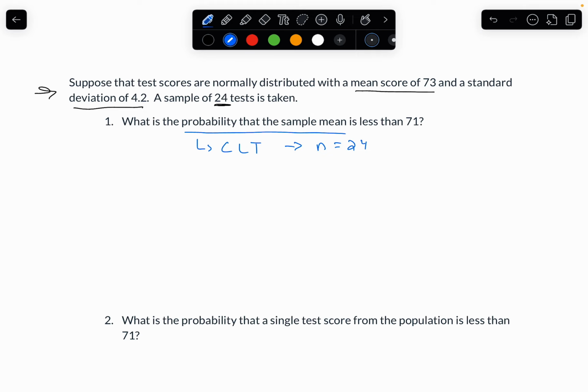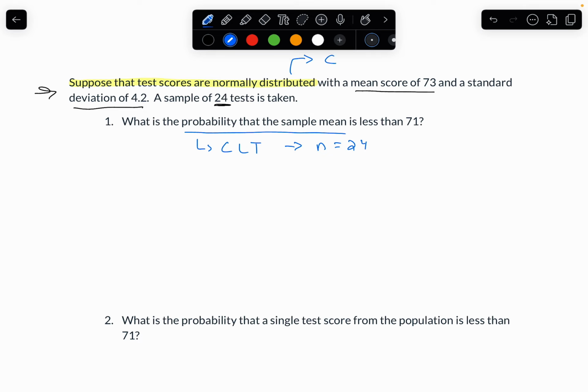However, we have one other thing that we can check here, and that's that the underlying population is normally distributed. This tells me right here, suppose that test scores are normally distributed. This essentially allows us to bypass the n is greater than or equal to 30. We don't really care what the sample size is, even if it's less than 30.